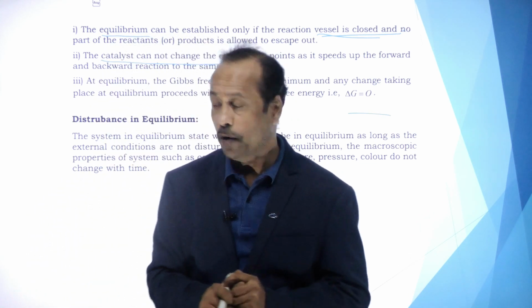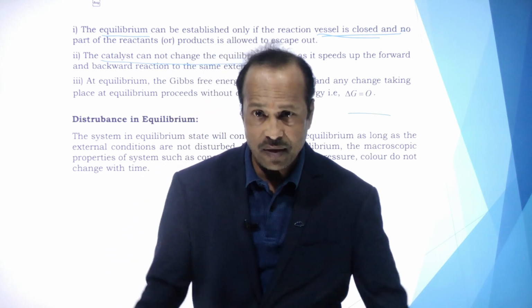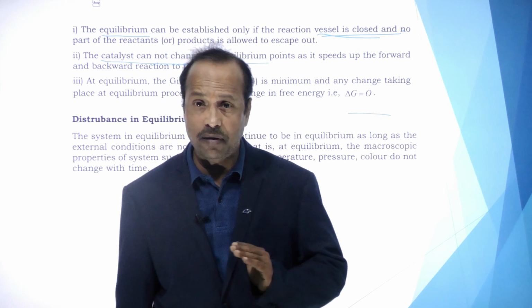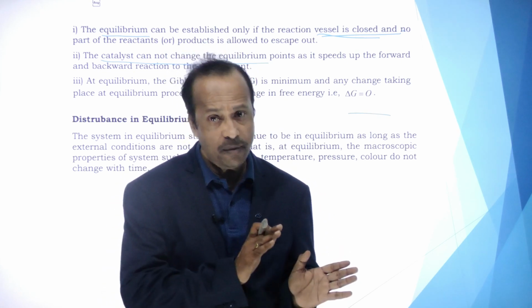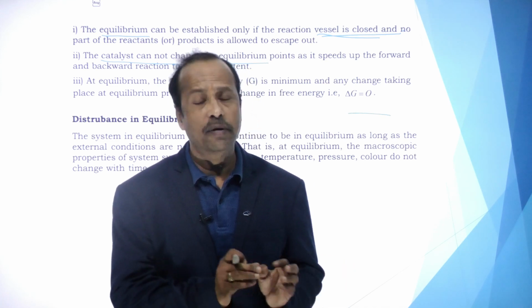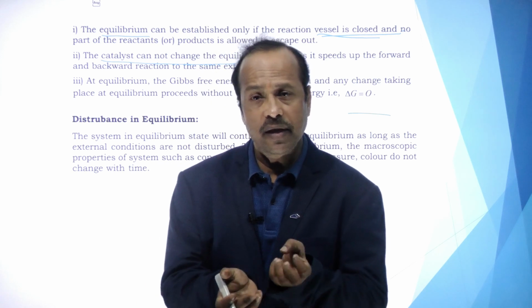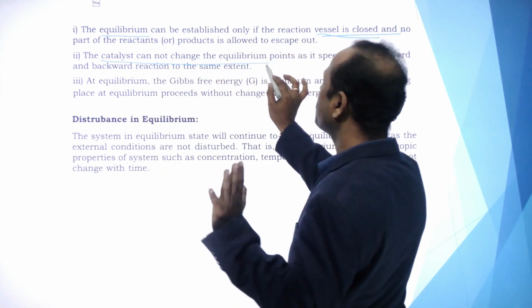So here also, the catalyst cannot alter the equilibrium. It cannot alter the equilibrium, meaning forward to backward or backward to forward, but it only helps to get the equilibrium in a faster way. So the catalyst cannot change the equilibrium.